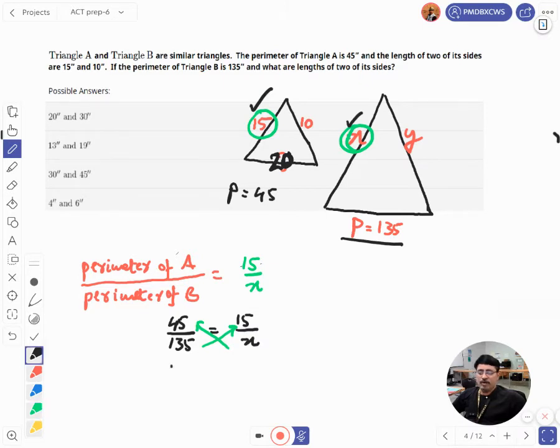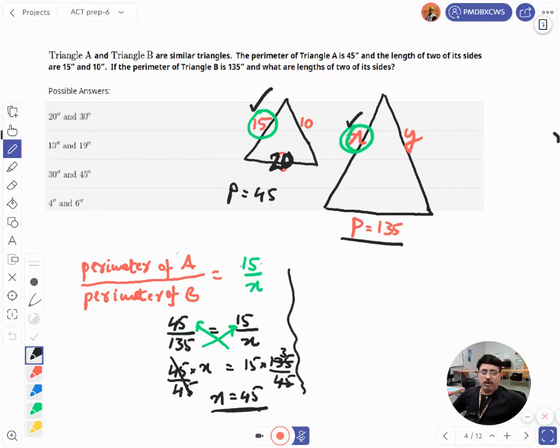That gives me 45 times x equals 15 times 135. You know how to isolate x. We go for the inverse operation. The value of x is 15 times 135 divided by 45. 45 times 3 is 135. Then x is 45.